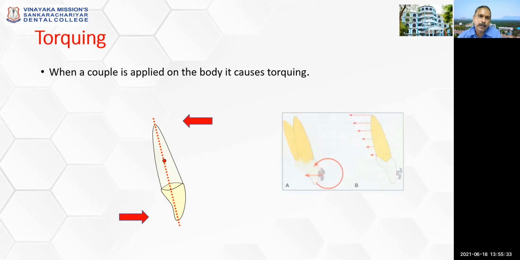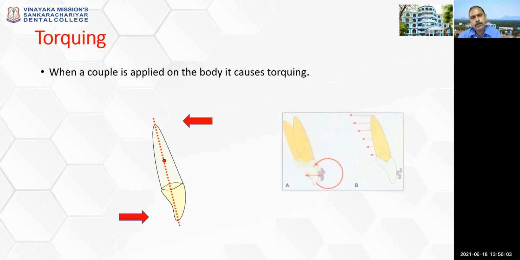When a couple is applied on the body, it causes torquing. Where do you apply this couple? As I mentioned to you, equal and opposite force, equal in magnitude, opposite in direction. So here, a couple is applied for torquing to happen because you would like to move the root also, and you tend to move the crown, but it is being protected from movement by the arch wire.